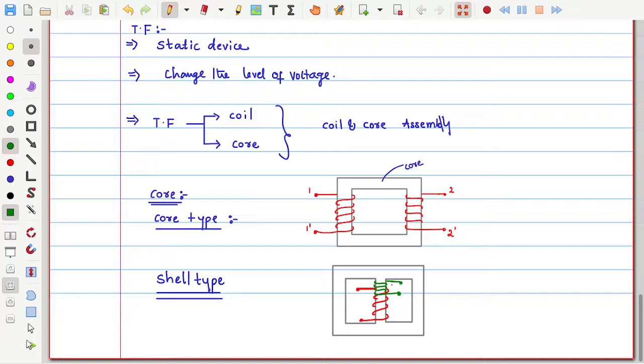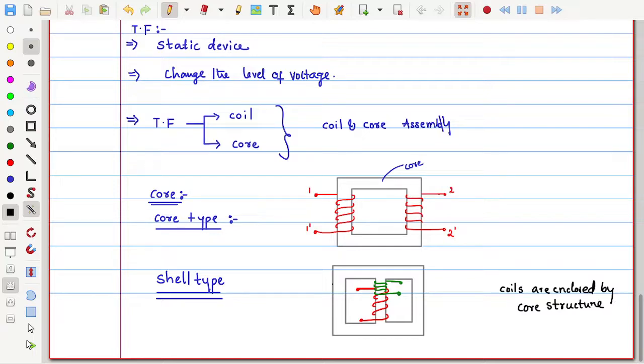Now see the clear difference between the core type and shell type transformers. First thing is that in the shell type transformer, the coil is protected inside the shell. Everything is inside. All the coils or conductors are enclosed by the core. Let me write that point: coils are enclosed by core structure. In shell type, everything is inside, protected by the shell itself.